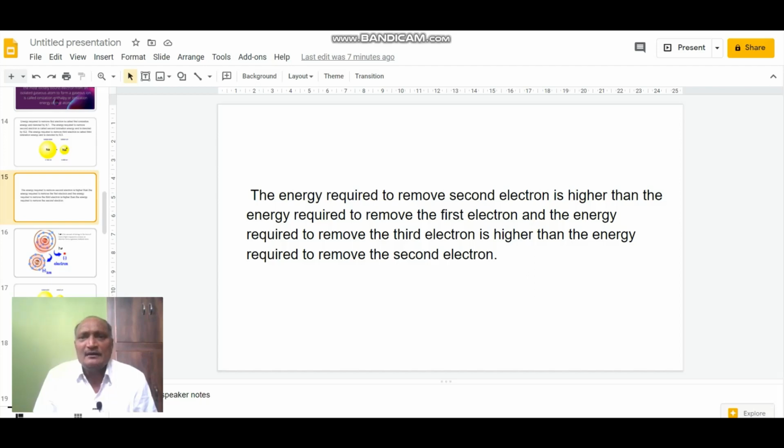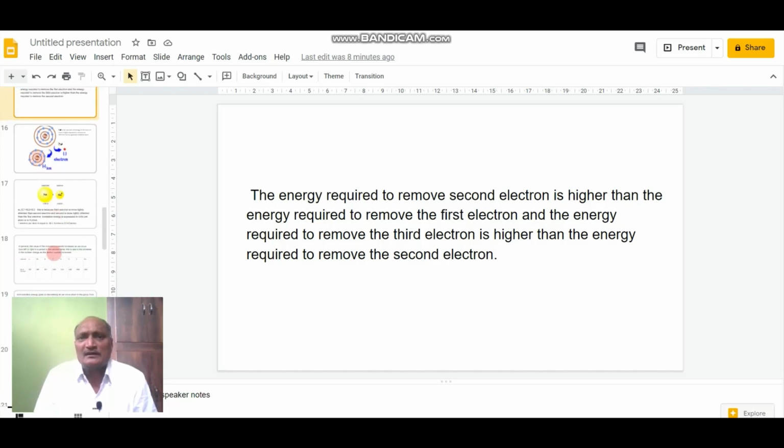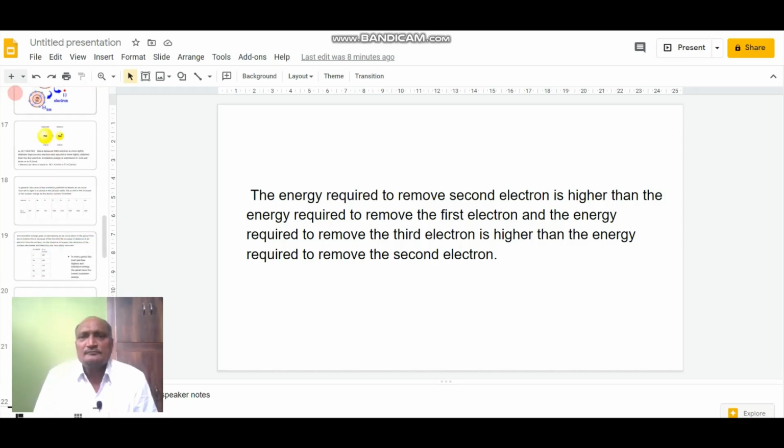So the energy required to remove the second electron is definitely higher than that required to remove the first electron. Likewise, if we want to remove the third electron from the ion, the nuclear attraction over the orbital electrons increases further.